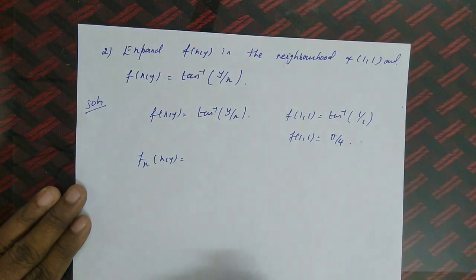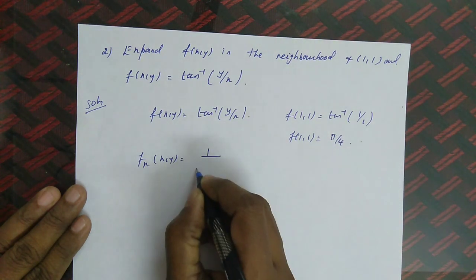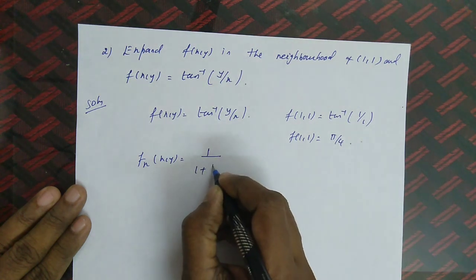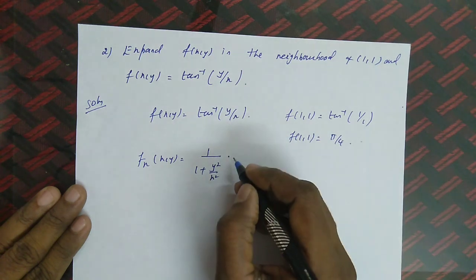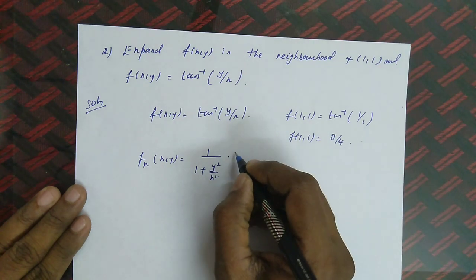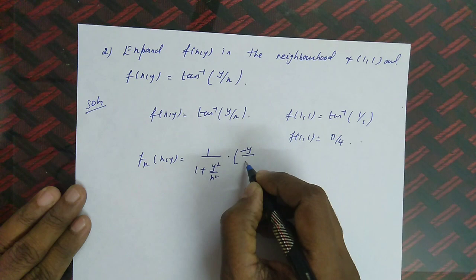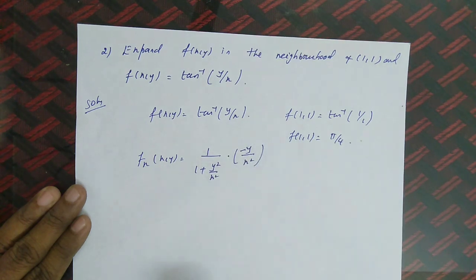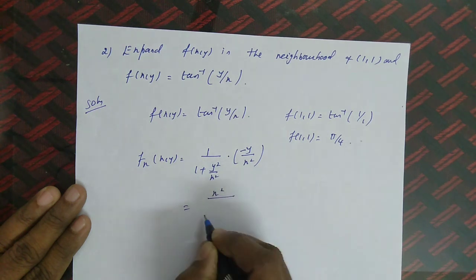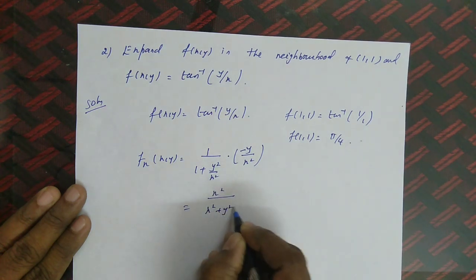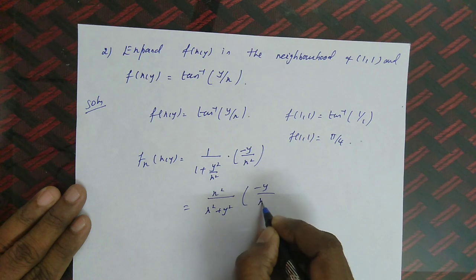Then the first derivative f x of x comma y. Tan inverse x differentiation is 1 by 1 plus x square, that means 1 by 1 plus y square by x square, into differentiation of y by x, which is minus y by x square. Treat the y as a constant. Taking LCM, this will become x square by x square plus y square into minus y by x square.